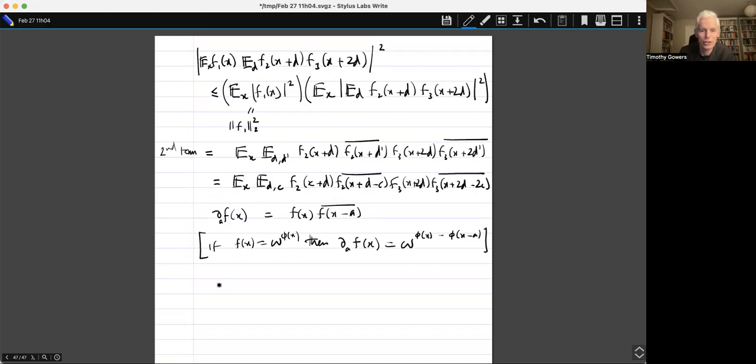So anyway, using that notation, this expression here is equal to e of x, e of dc. Now that here is partial c f2 of x plus d, and that one here is partial 2c f3 of x plus 2d.